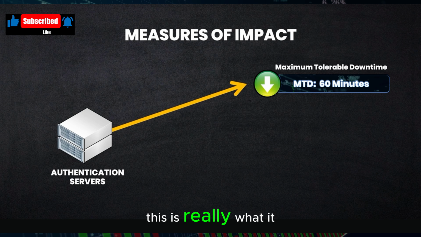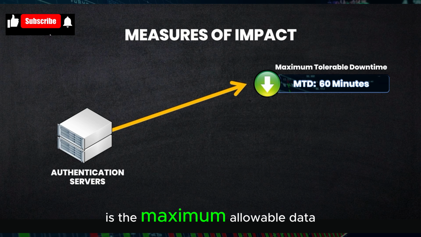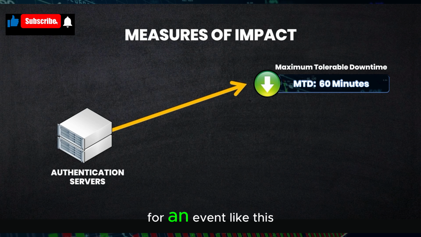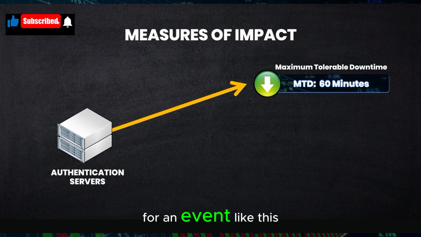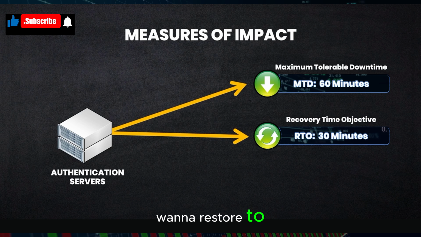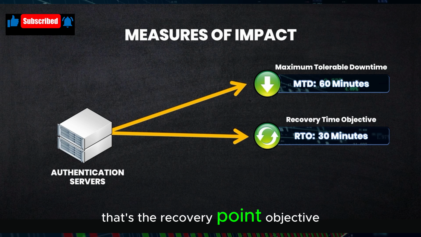Then what about the recovery point objective? This is really what demonstrates the maximum allowable data loss for an event like this. So what you do is look at, say, your last backup. Whenever your last backup was, that's what you want to restore to. That's the recovery point objective.